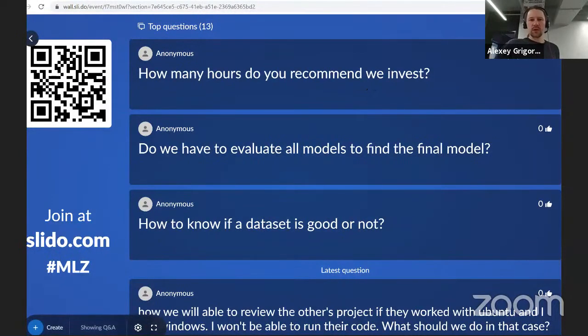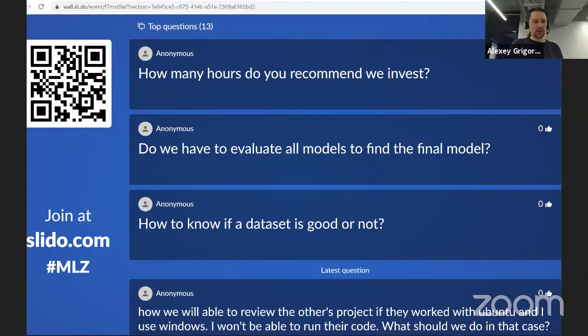How many hours do you recommend we invest? I don't know if for you it's easy or not. It's up to you. If you have a job, then I think it's difficult for you to invest time. So you know the minimum requirements, and just work from these minimum requirements. The minimum requirements are that at the end you have a web service that is deployed in Docker, and you try multiple models, and you also do some description.